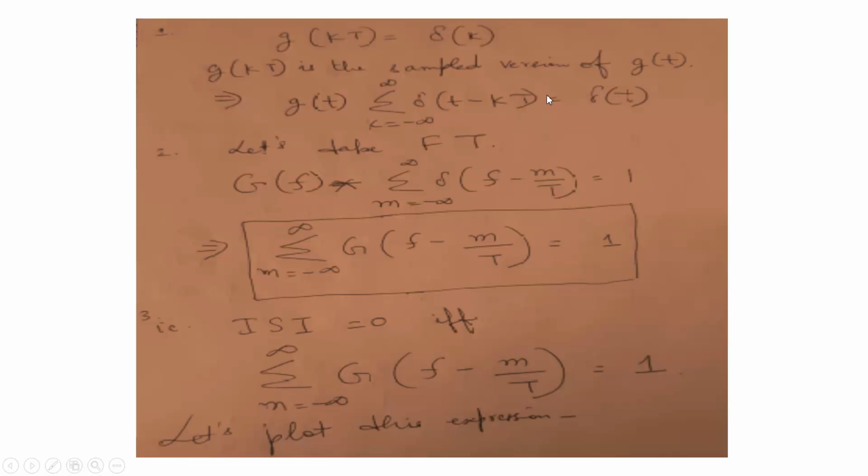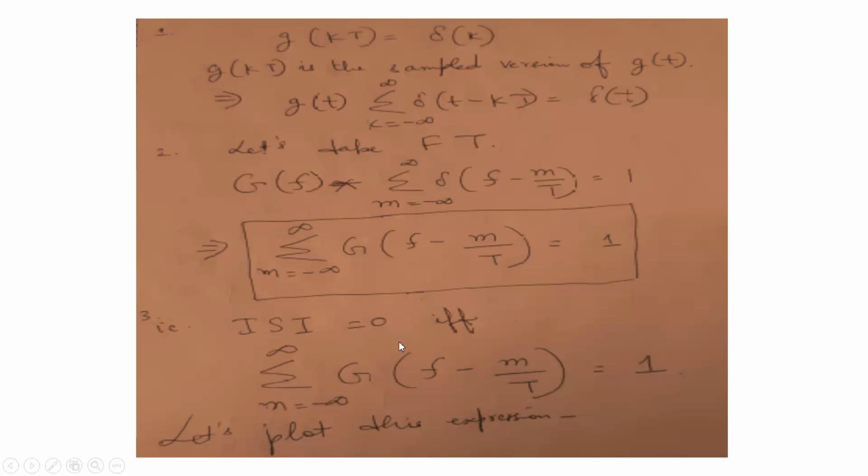Now g(kT) equal to delta k, that I am taking from here onwards. What is g(kT)? g(kT) is the sampled version of g(t), and g(t) is the pulse received after the matched filter. Now if I take the time domain version of g(t), instead of the sampled version, I can write it like this: g(t) times the sum over k from minus infinity to infinity of delta(t minus kT), which is equal to delta(t).